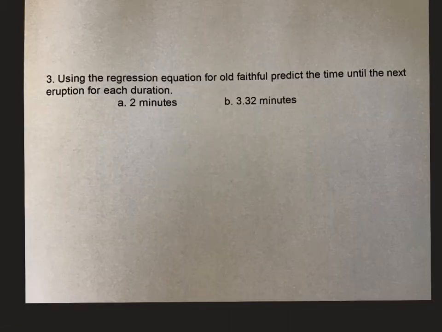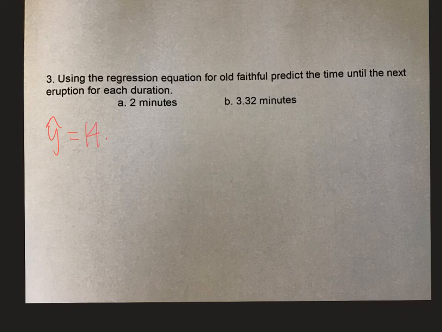And our last problem, number 3, comes straight out of number 2. We're going to use that same regression equation that we had found in number 2. So y hat equals 14.59x plus 29.036.